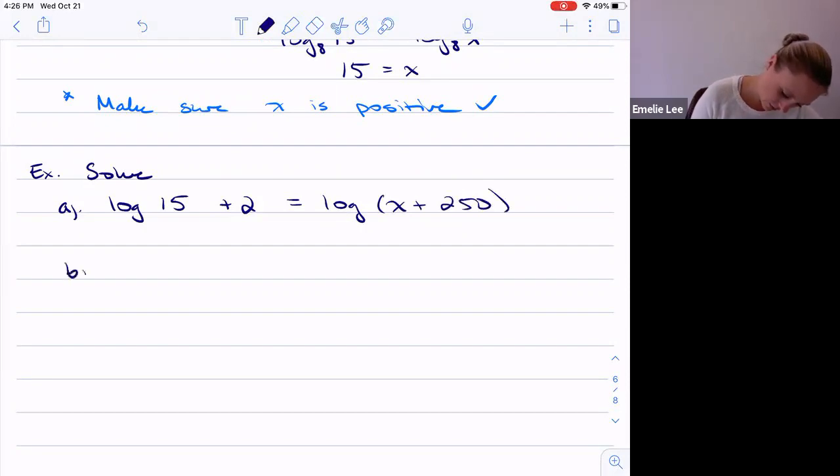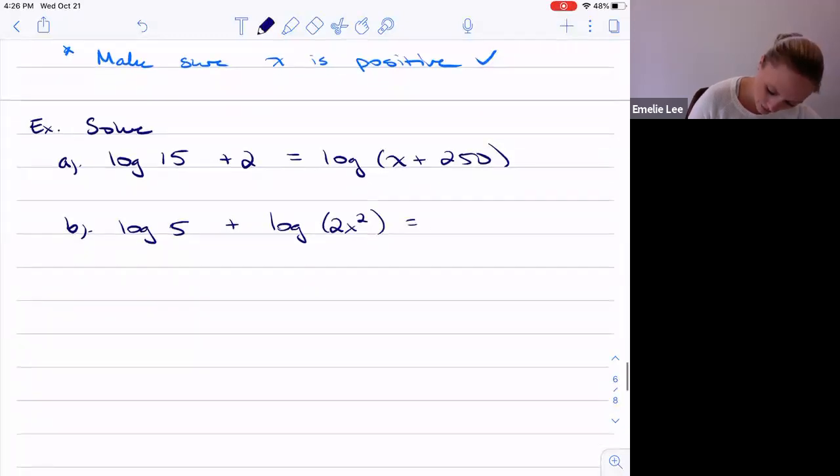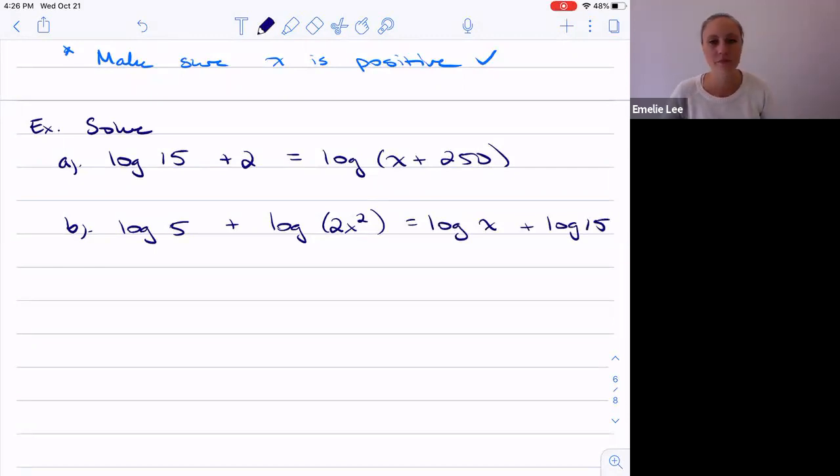And then the second one we're going to do is the log of 5 plus the log of 2x squared is equal to the log of x plus the log of 15. Smush.